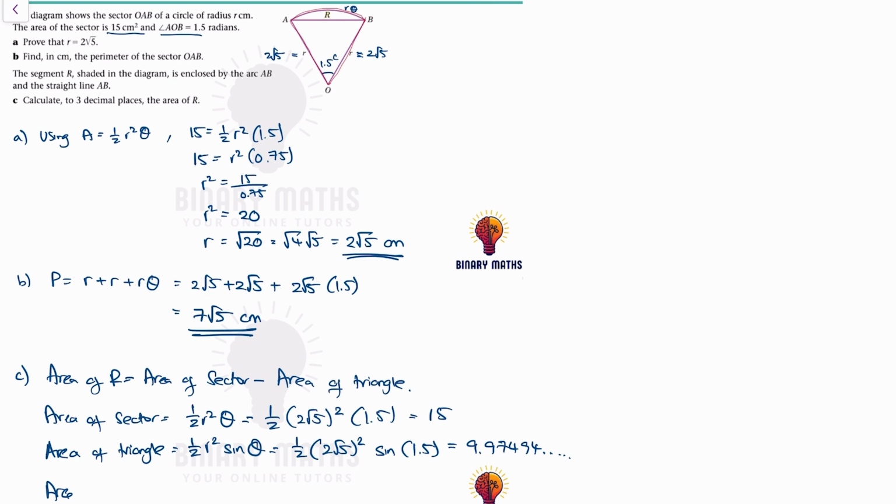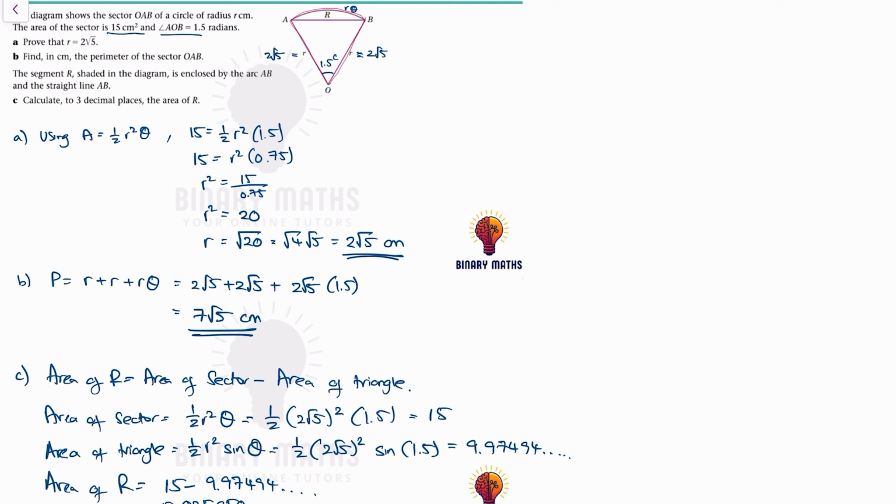So area of R is equal to area of sector, which is 15, take away area of triangle, which is 9.97494, which is equal to 5.025050, which is equal to 5.025 to 3 decimal places.